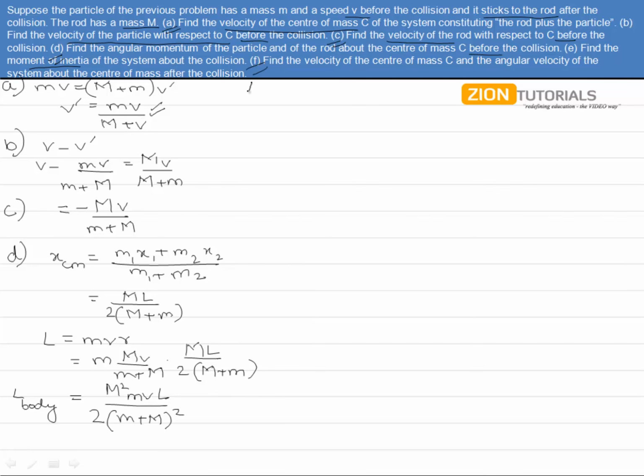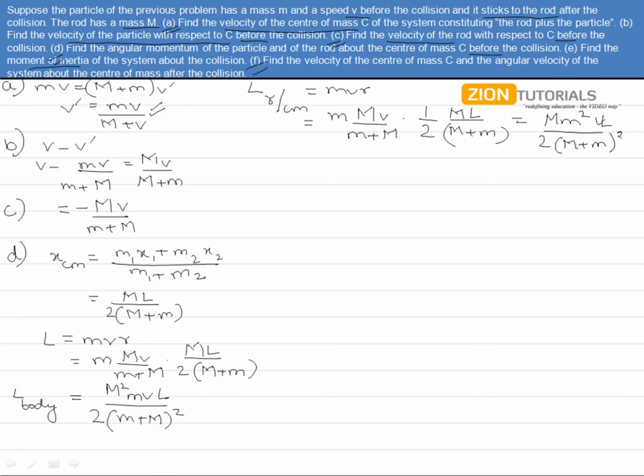Now let us proceed to find, with the same concept, the angular momentum of the rod about the center of mass. So it will be again mvr, but now the mass is M, v being mv upon m plus M, and r being half of mL over m plus M, giving us M m squared vL over twice of m plus M whole square.